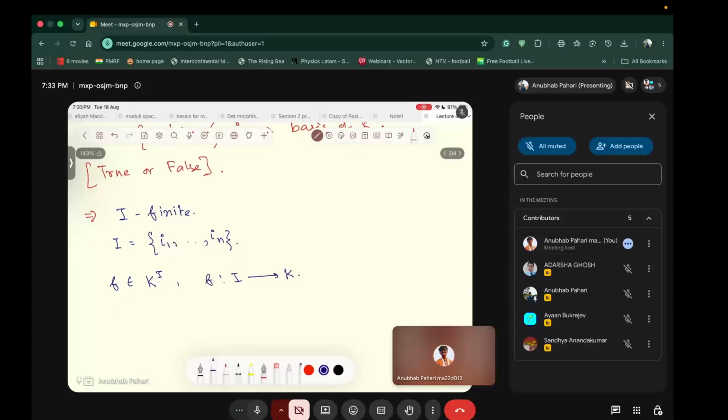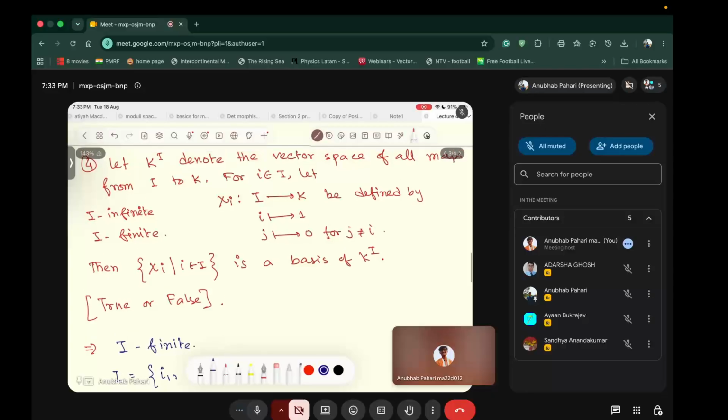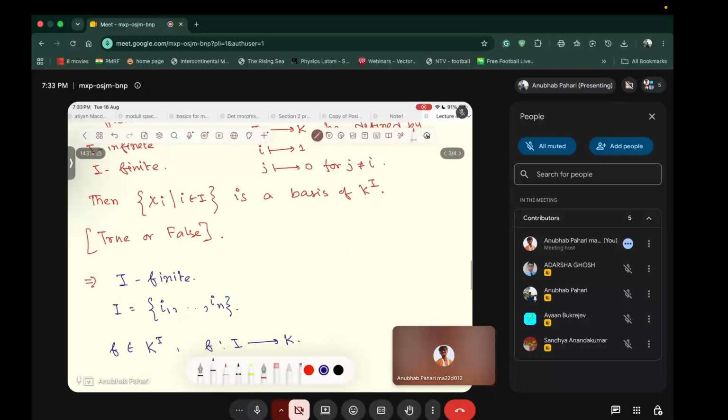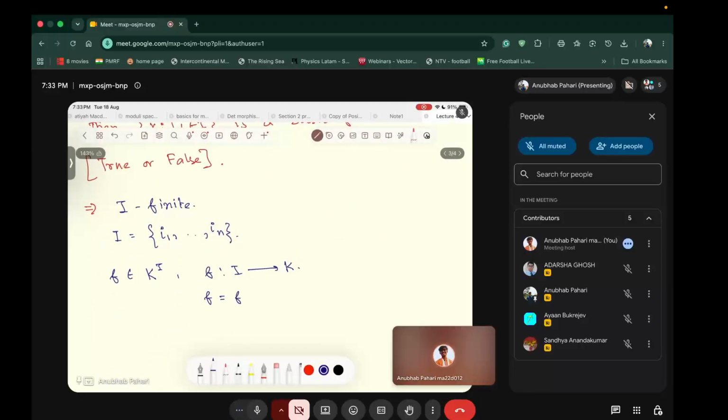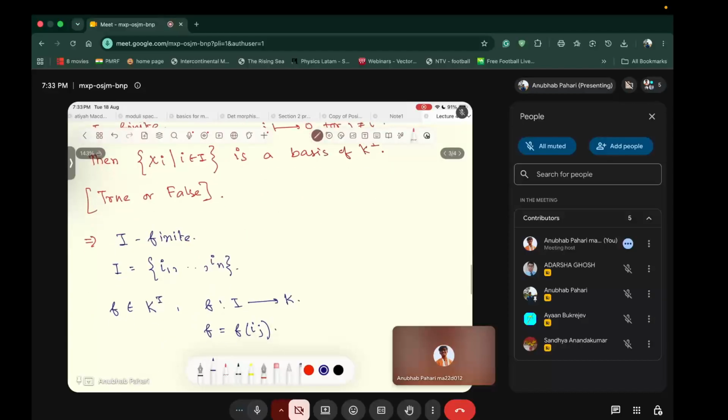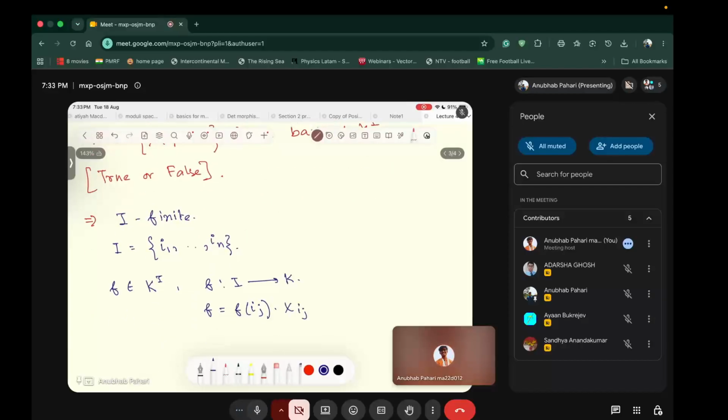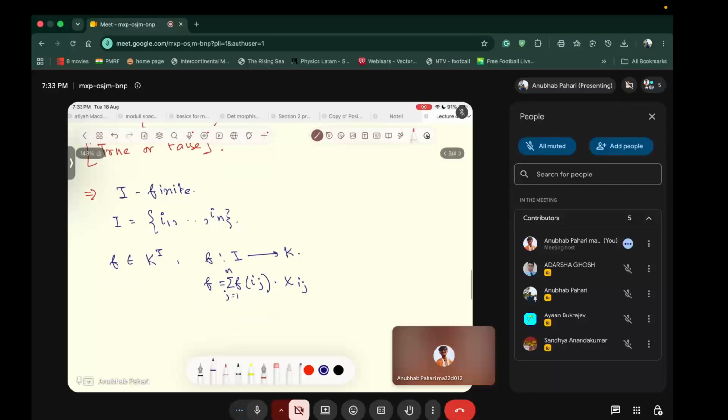Then you can simply write f as the sum of f(i_j) chi_{i_j}, where j is from 1 to n. Does this make sense?